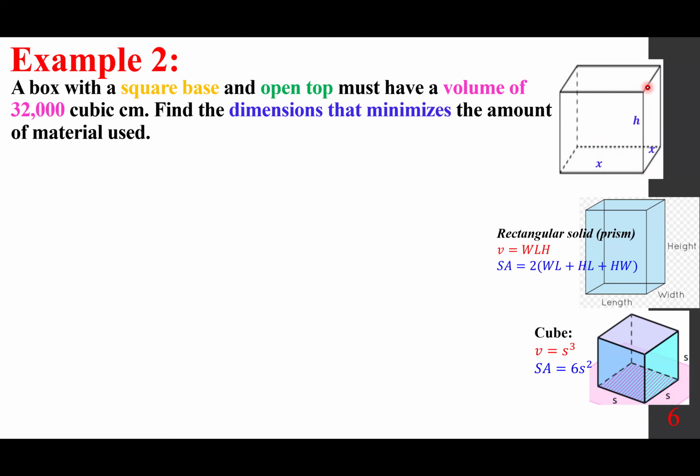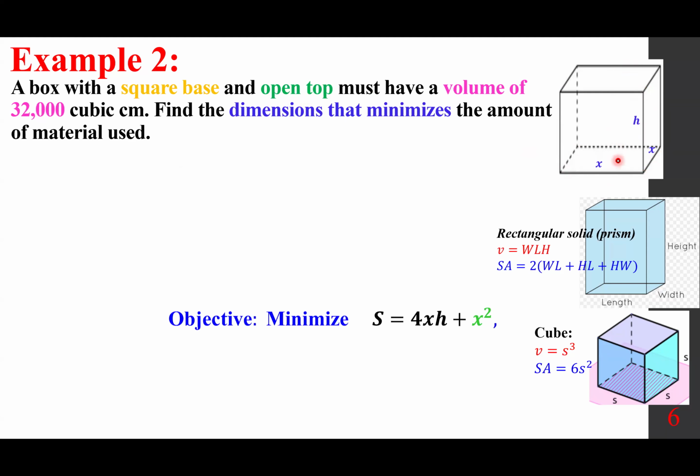The objective is to find the dimensions that minimize the amount of material used. Because the base is square, x times h is one face, and surrounding it there are 4, so 4xh. The bottom is x squared. The top is x squared, normally plus 2x squared, but because it's open top, the top is not covered, only 1x squared.